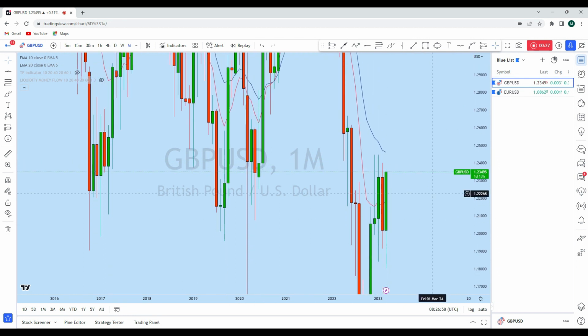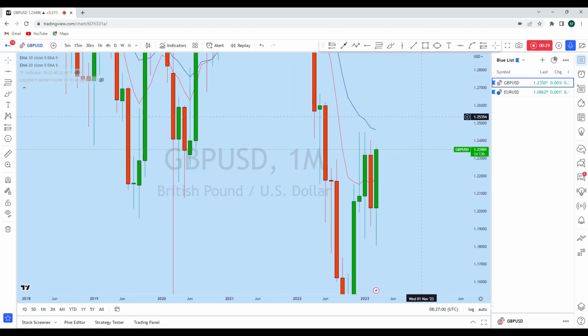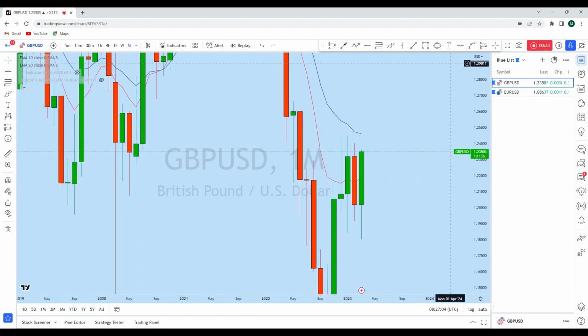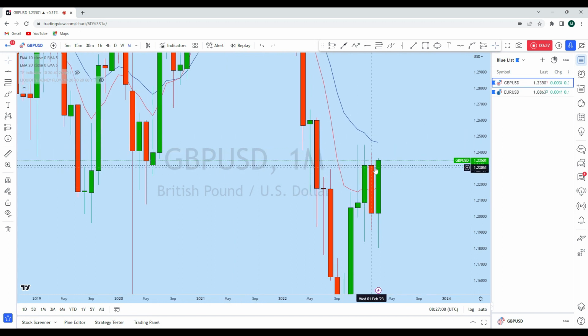From the monthly we can see that GBPUSD has broken this important monthly resistance level. There is a monthly resistance here, with quite a few months opening and closing in that zone, and after multiple liquidity grabs GBPUSD has broken out of this resistance zone.